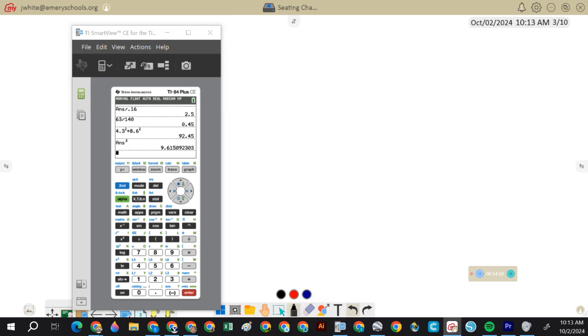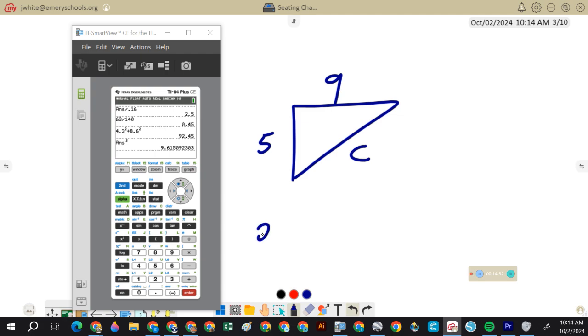Okay, sometimes this assignment is going to want the answer in exact form. So if we had a 5 and a 9 and a C, so that's going to be 5 squared is 25 plus 9 squared is 81 equals C squared. So that is 106.